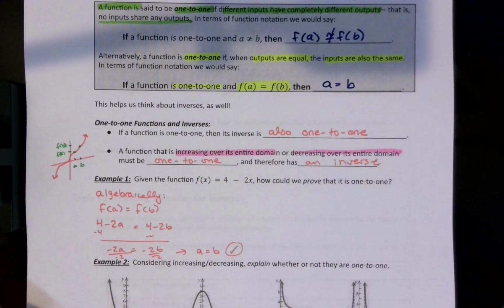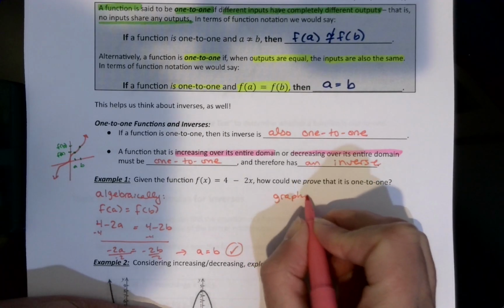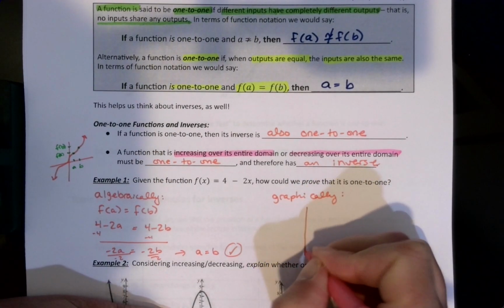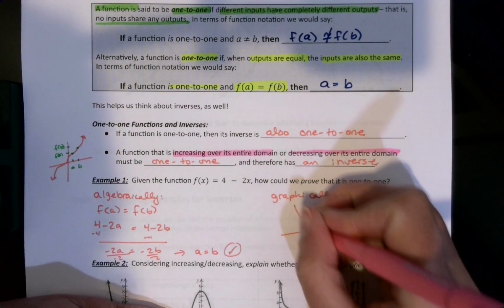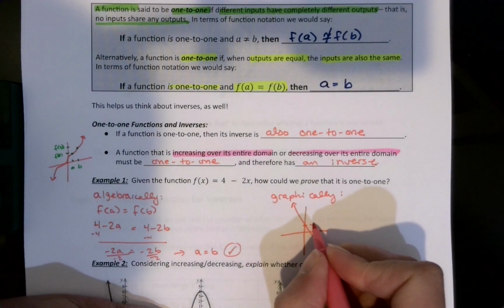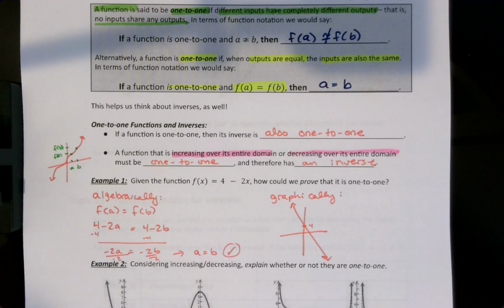We could also prove this graphically. If I were to sketch the graph of this function, just a rough sketch right here, I'm putting the y-intercept there at 4, and I've got a slope of down 2 over 1. So it's a linear function, so I just made a real quick sketch of a decreasing linear function.